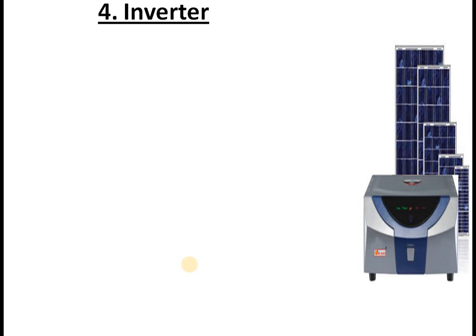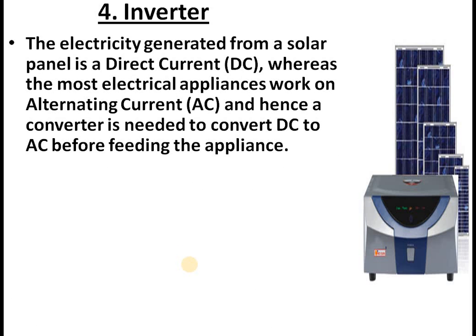And fourth one is inverter. This is also an important part of a solar electric system. Inverter is required for various purposes. Firstly, the electricity generated from a solar panel is a DC voltage. Okay, you know, DC current. It flows in one direction. Whereas most of the domestic appliances like a mixie, fridge, AC, whatever we have, all are working on AC.